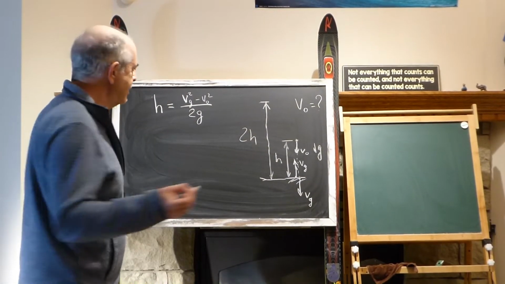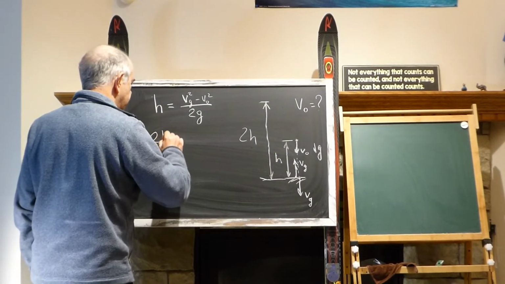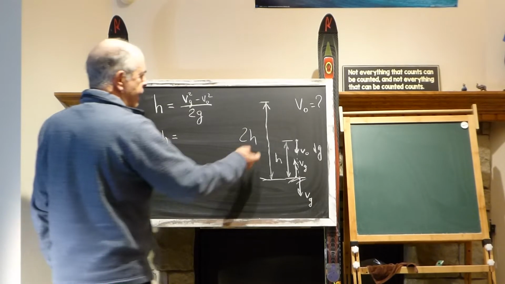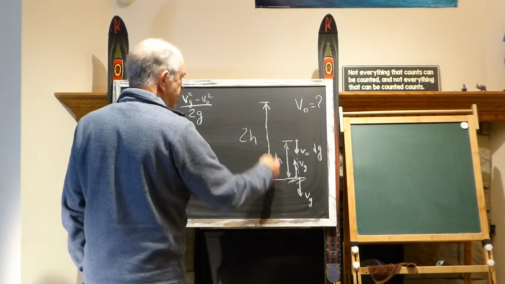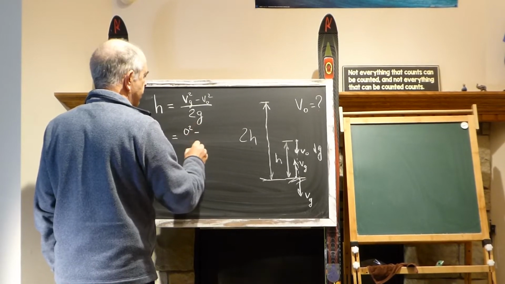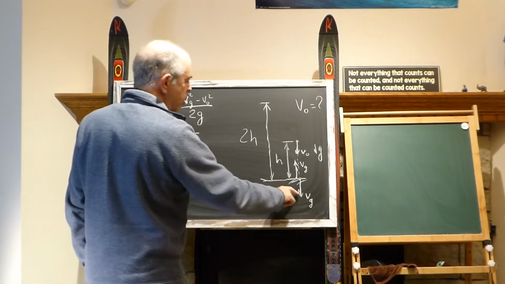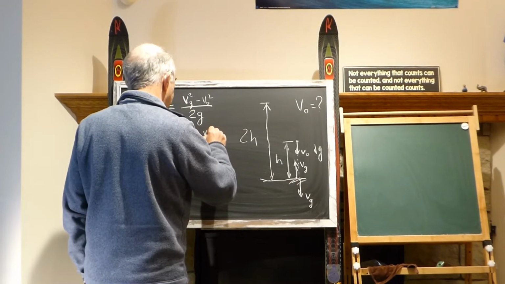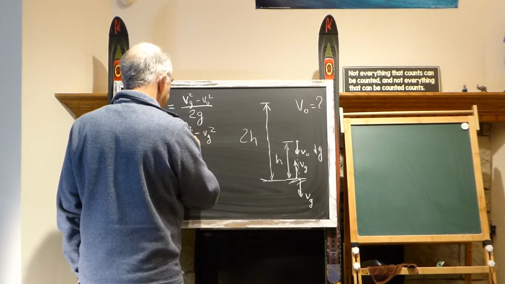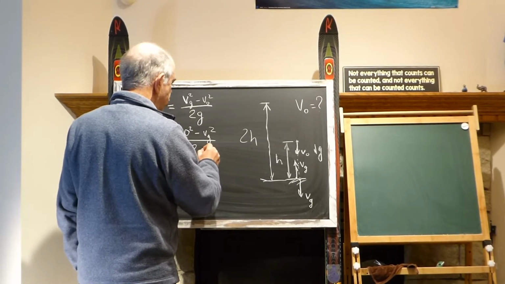So let's apply the same formula. Only this time it would be 2h. Final speed for this formula would be 0. Zero squared minus initial speed vg squared, divided over the same 2a, and 2a is 2g.